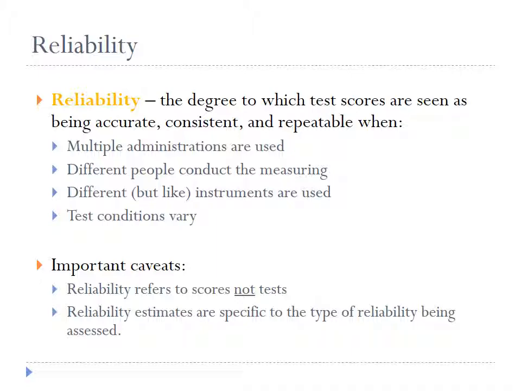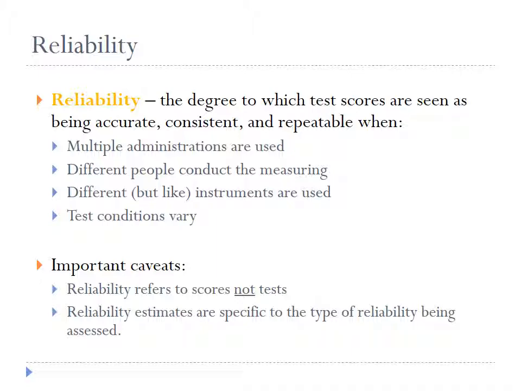Some important items to consider when discussing reliability. Reliability refers to scores, not tests. A test in and of itself is not reliable. In fact, it's not really anything. It's a piece of paper, or it's a computer screen with a bunch of words on it.